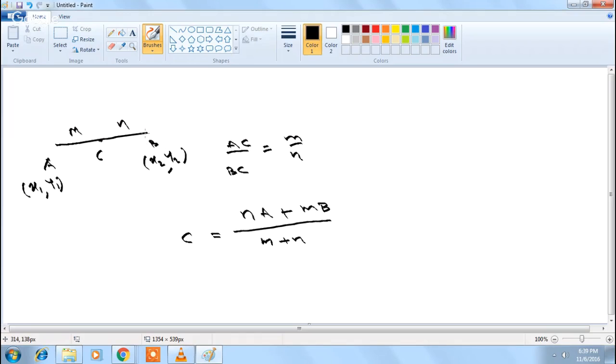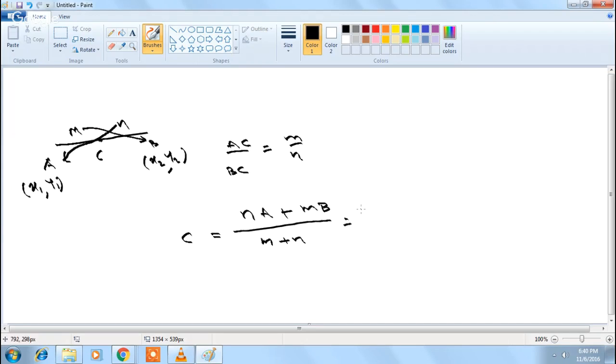You have to memorize this result. Like n is a number, you have to multiply with A, and m is another number, you have to multiply with the quite opposite side's point. After multiplying, these quantities are added, and the entire fraction, nA plus mB divided by m plus n, will give you the location of C.